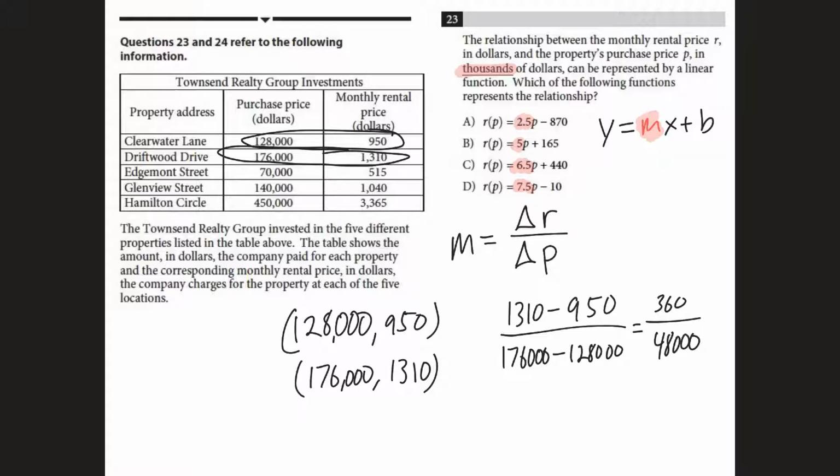Now the rate of change is going to be in thousands, so we can drop our thousands here in the denominator. So what we have is 360 over 48, so 360 divided by 48 equals 7.5. 7.5 is our rate of change, is our slope. That means D is going to be our answer. It's the only one with that slope.